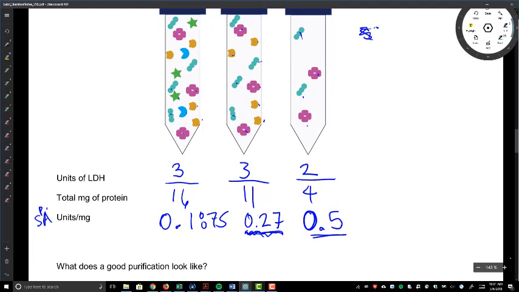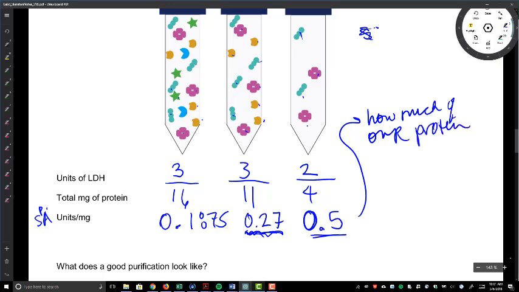So we can use this value of specific activity, the units of LDH divided by the total milligrams of protein, and that tells us how much of our protein is LDH. Because ideally, the amount of total protein will go down and the amount of LDH will stay constant.